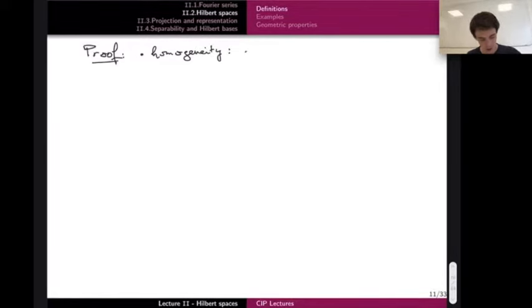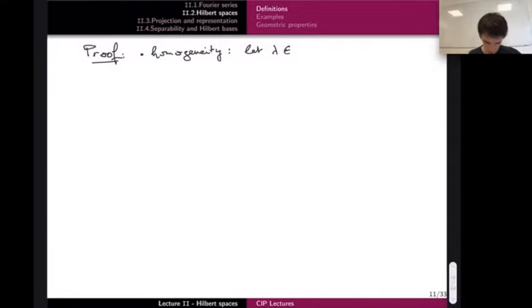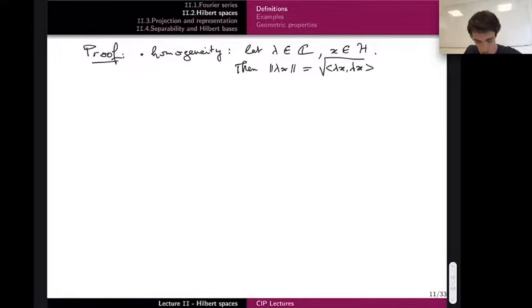Okay, so let lambda in R. So perhaps I can do that for C. So let lambda in C and x in H. Then the norm of lambda x, by definition, is the square root of lambda x against lambda x.